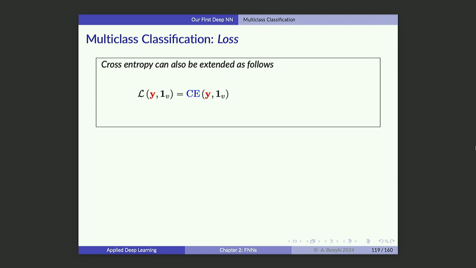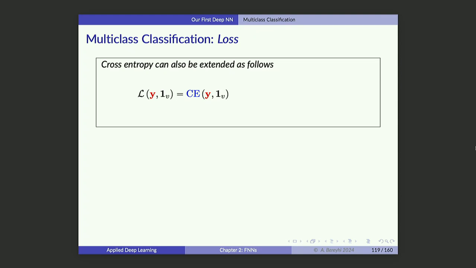Now, what is this v? This is the probability of being 1, right? So this is the probability of your class being 1.